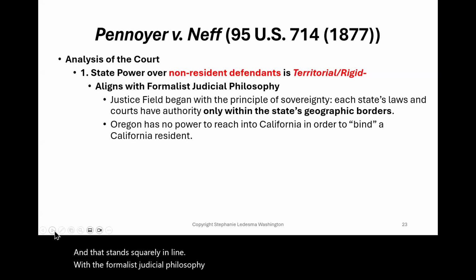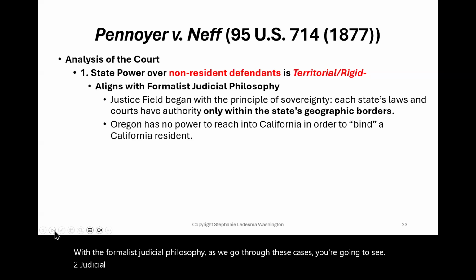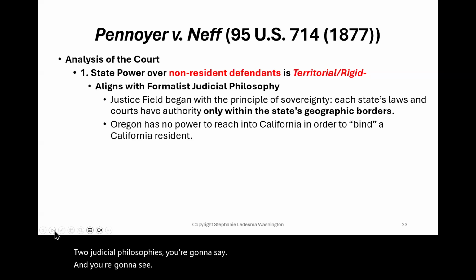As we go through these cases, you're going to see two judicial philosophies. You're going to see formalism and you're going to see pragmatism. Formalists like bright line rules. Formalists like predictability. Formalists like consistency. Give me a rule that I can apply in any and all situations.